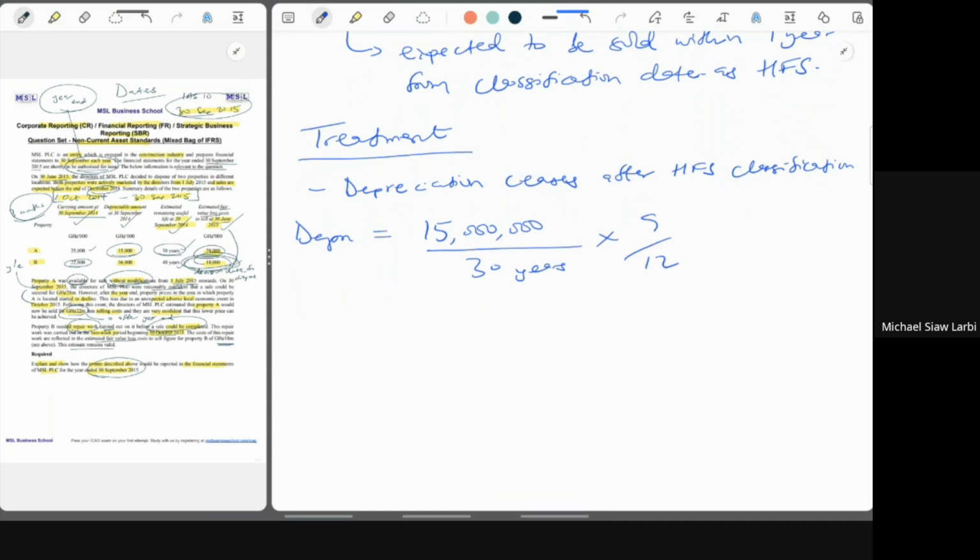This is my depreciation charge for the year. This is up to what? Up to held for sale classification date for the current year. Right.